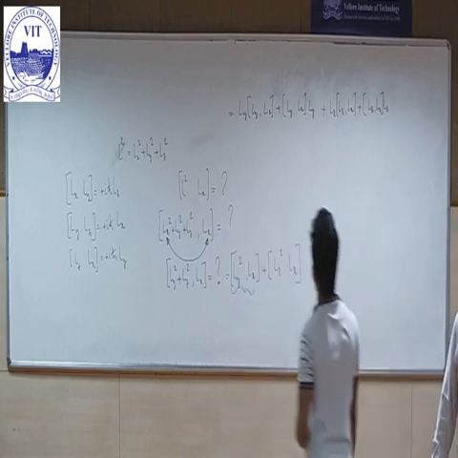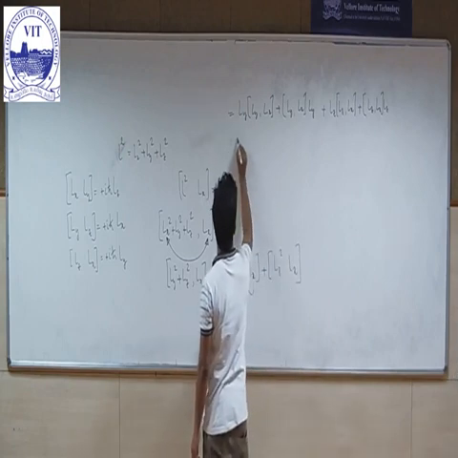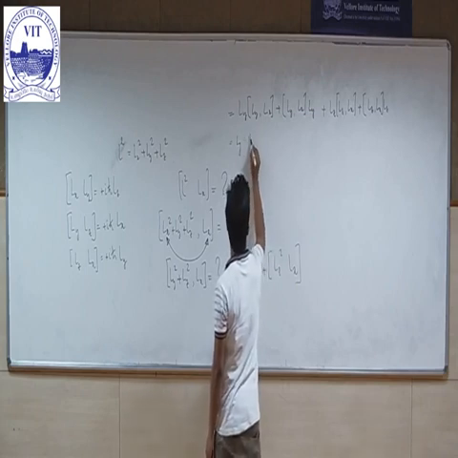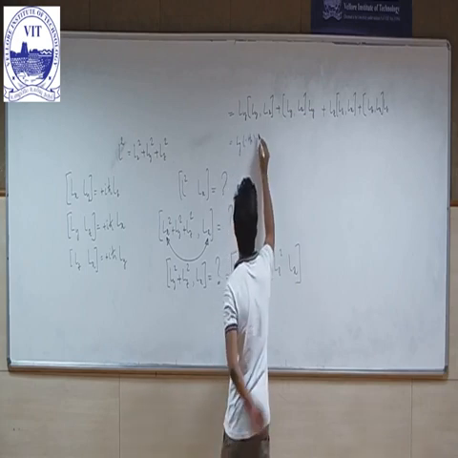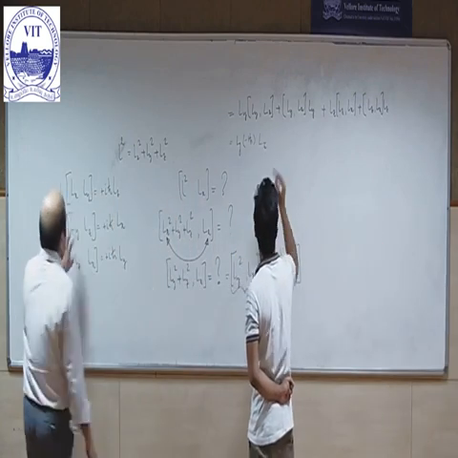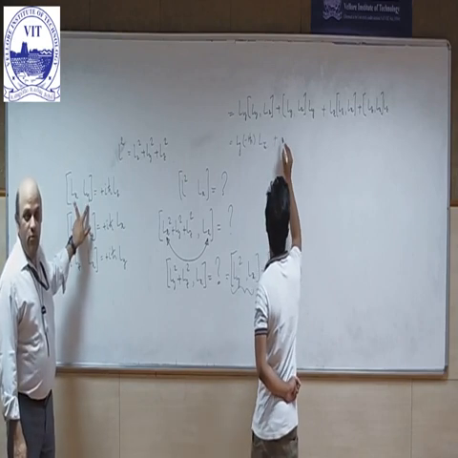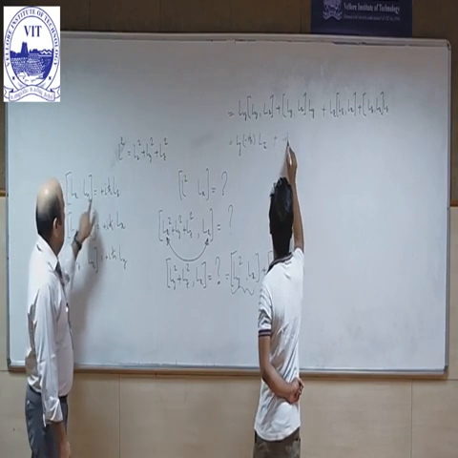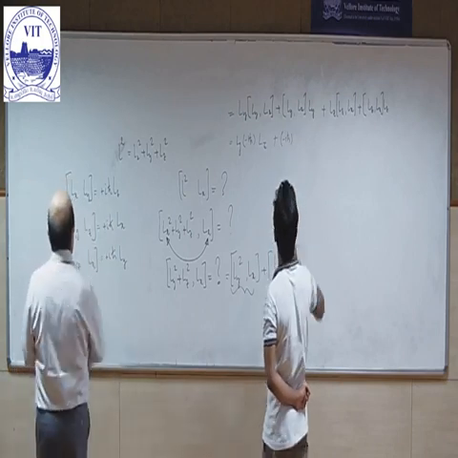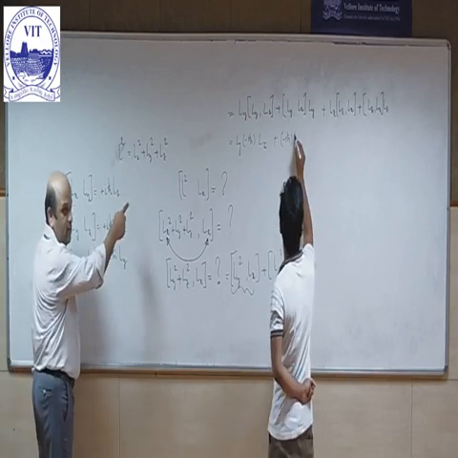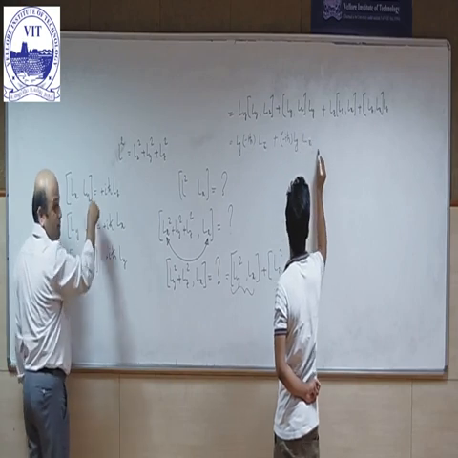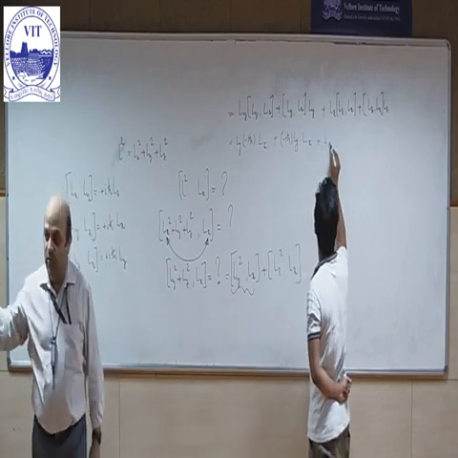If you give me a non-zero value, then you'll get some prize. The Lx Ly commutator relation is plus i h cross, so Ly Lx will become minus. Okay, so you can write it as Lx Ly minus Ly Lx. The Ly and Lx commutator will be Ly Lx minus that one, so you just have to take one minus sign.